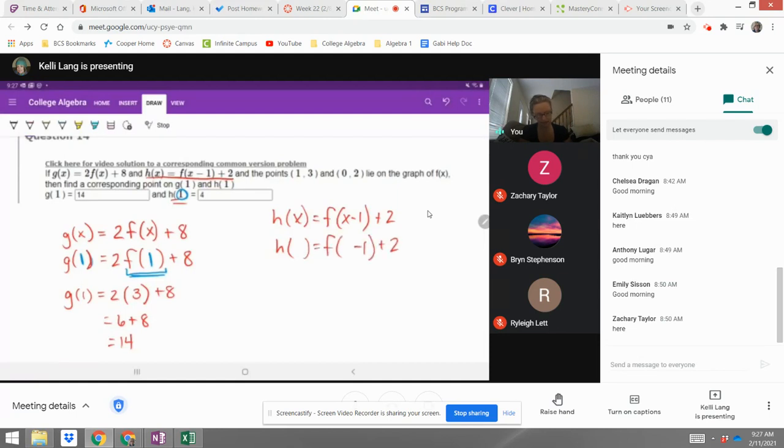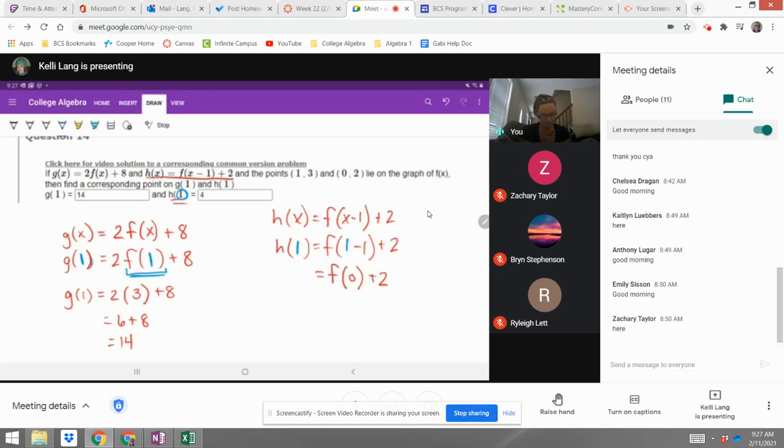Everywhere you see an x, leave a blank, and just replace that with a 1. On the right-hand side, we can actually simplify this just a little bit. f of 1 minus 1 is the same as f of 0. But now we're at a standstill because we can't simplify this anymore without additional information.